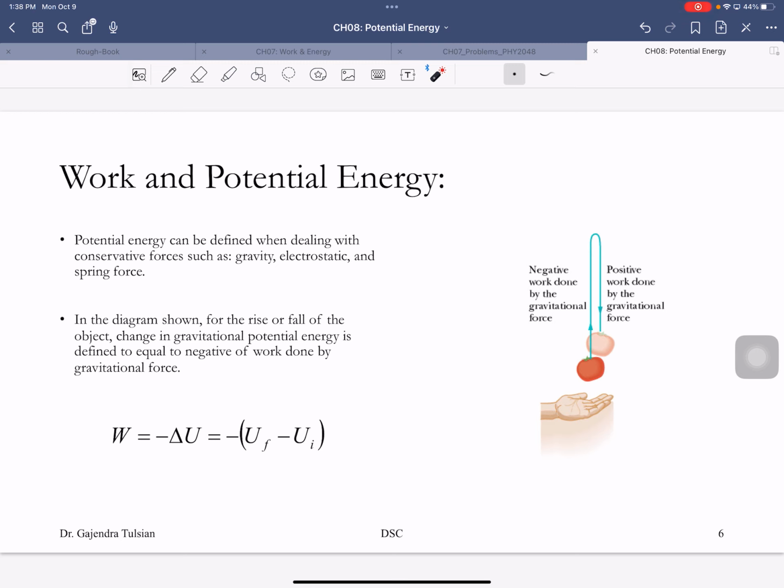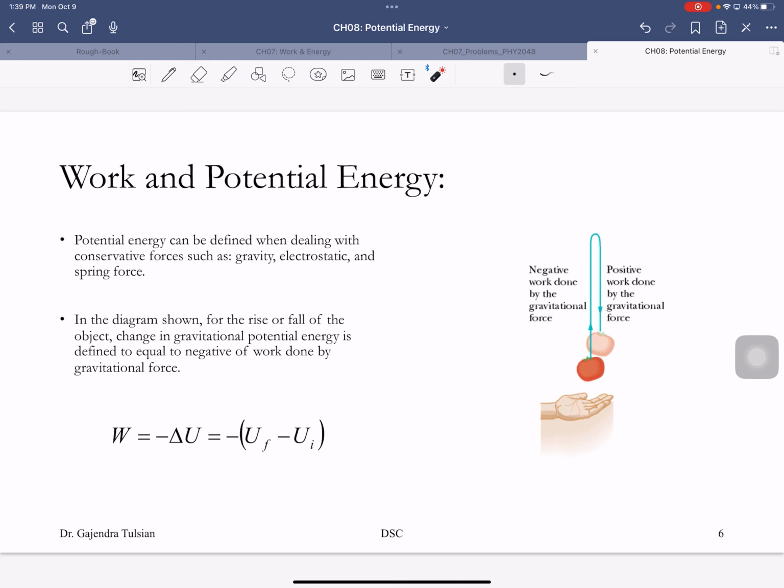So when you toss an object, the only force acting is gravity. We're assuming there's no drag force. So when only gravity acts, the work done by gravity can be easily calculated like that because it's a conservative force. It's the negative of the change in potential energy. So we'll give you the expression for the potential energy.